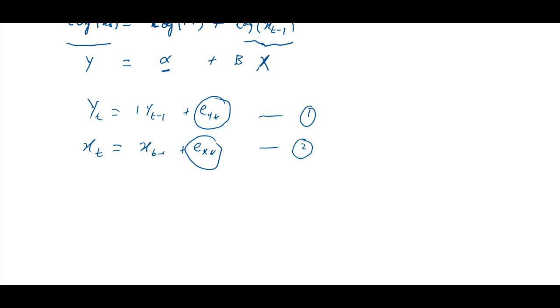So since yt and xt are both independent of each other, any regression between them should give insignificant results. We haven't generated yt based on any xt, and similarly xt is not generated based on any value of yt. Both are independently generated.